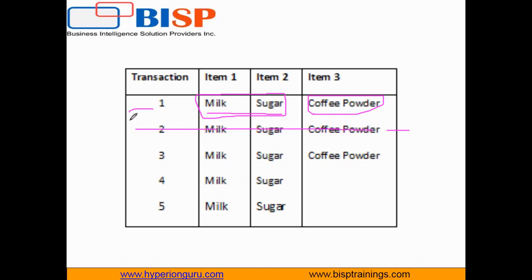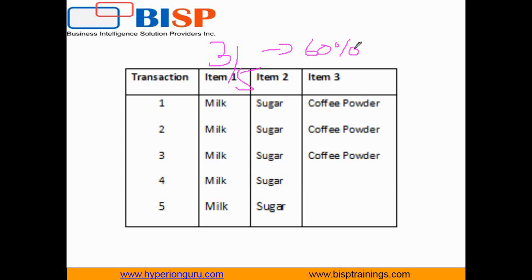Out of 5 total transactions, 3 support coffee powder. It means along with milk and sugar, coffee powder has also been picked up by the customer. So the support here is 3 divided by 5, around 60%. So the support of coffee powder is 60%.